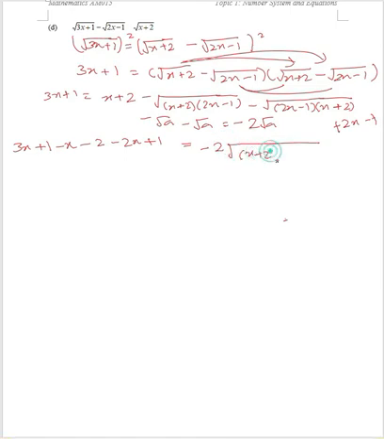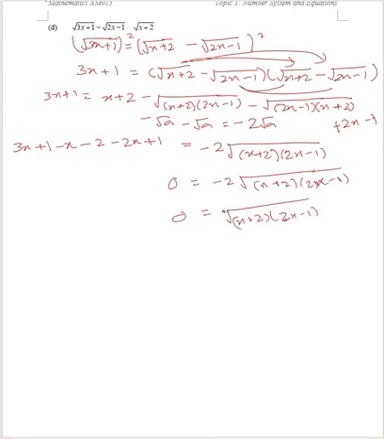Just copy them down. Next, we just have to simplify the left hand side first. The left hand side is just 0, since 3 minus x minus 2x will be 0, and then 1 minus 2 plus 1 will also be 0. So left hand side now is equal to 0. And then how to take out x from the surd?